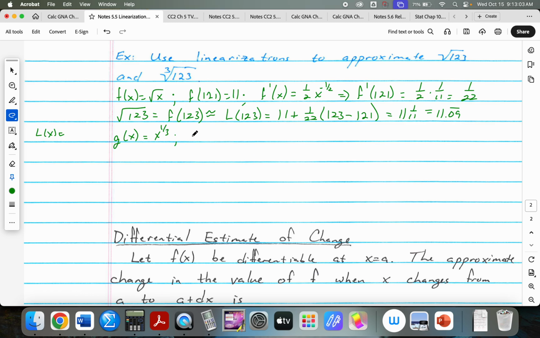Yeah. g of 125 is 5, because 5 cubed is 125. g prime of x is 1/3 x to the negative 2/3. So g prime at 125 is going to be equal to 1/3 times 1/10. So that's 1/30.